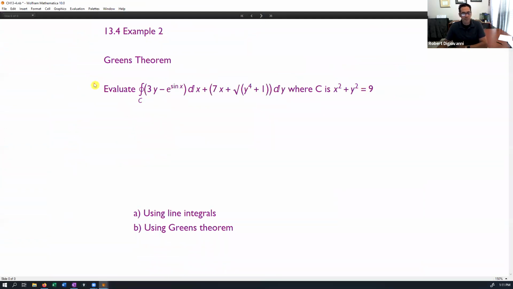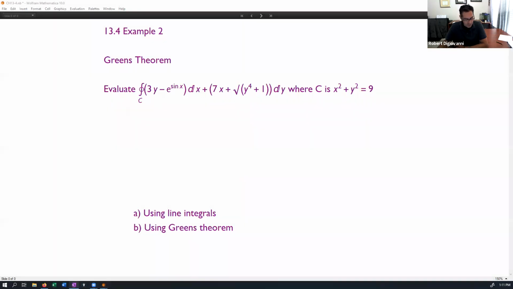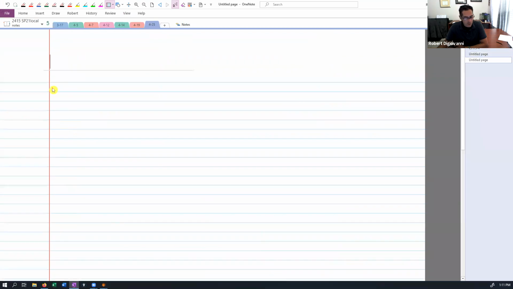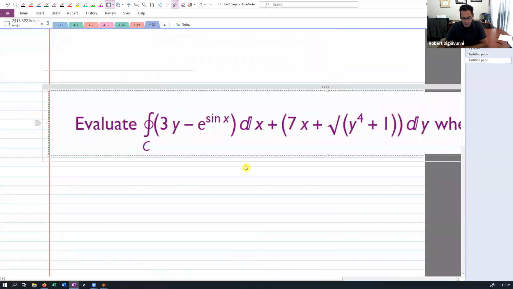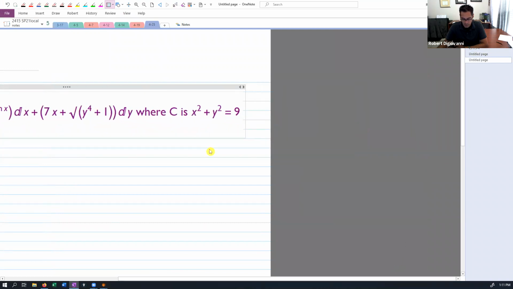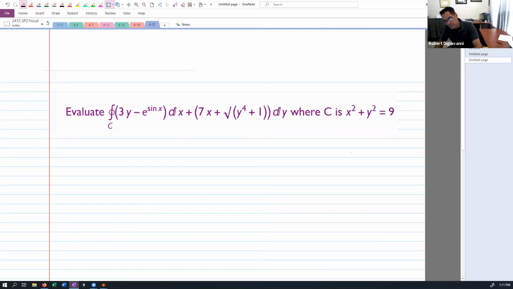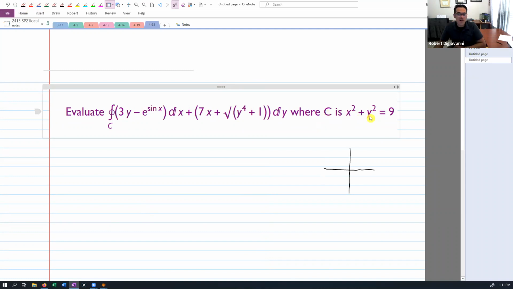How about this one? Same thing. I want to do this both ways. So let me take a look at C first. Well, C is a circle, right? X squared plus y squared is 9.